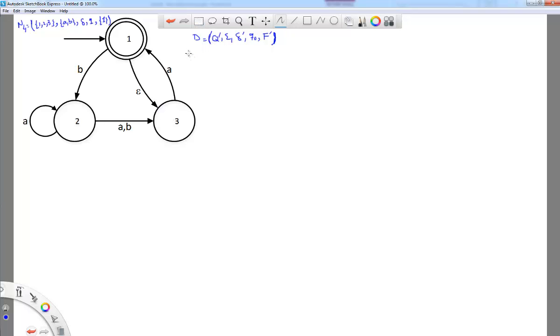The first thing I know is that Q prime of my DFA is the power set of Q. Therefore, it is going to be equal to the set of: the empty set, {1}, {2}, {3}, and then {1,2}, {1,3}, {2,3}, and finally {1,2,3}. Okay, so each of these are now the members. So remember when I said R would be these guys.